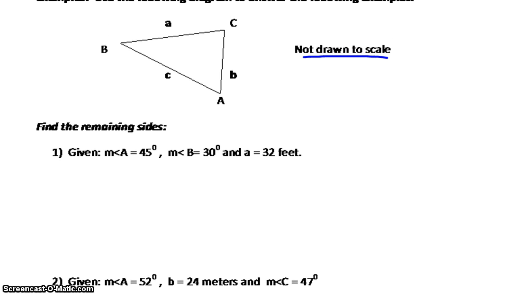So this is really just used for reference to remind you that side b is opposite angle B, angle A is opposite side a, and angle C is opposite side c. Now remember, we're dealing with oblique triangles, so we do not have right triangles. We can find a case where there's a right triangle, but normally that's given to us.